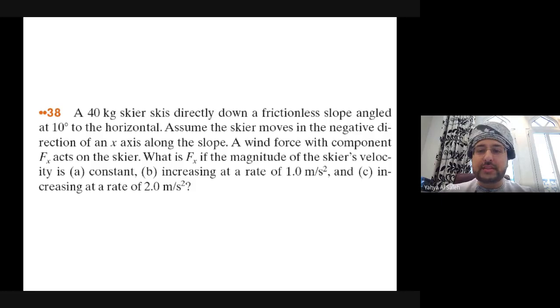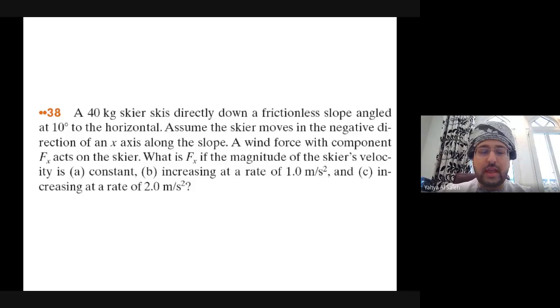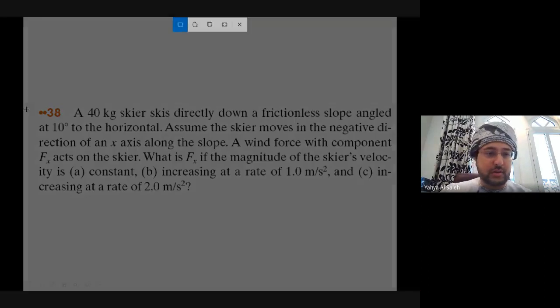Assume the skier moves in the negative direction of an x-axis along the slope. A wind force with component Fx acts on the skier. What is the Fx if the magnitude of the skier's velocity is constant, increasing, or increasing at a different rate?